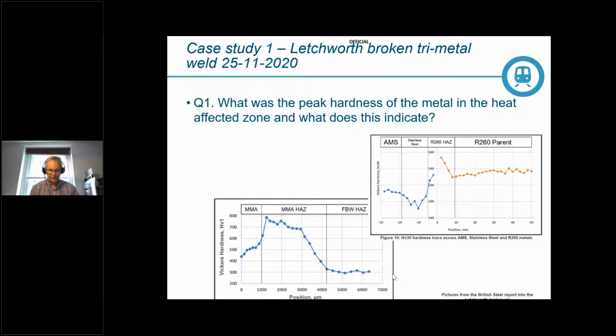This level of hardness is an indication that the material was untempered martensite at this location. And it is from this martensite, which is very hard and brittle, that a crack formed, which eventually led to the failure of the rail.